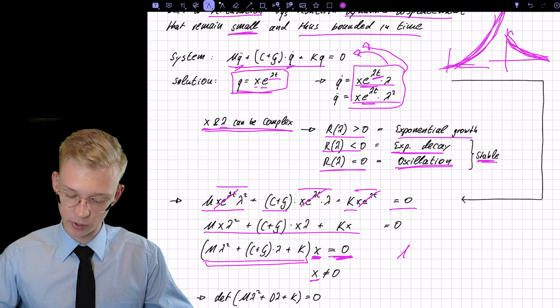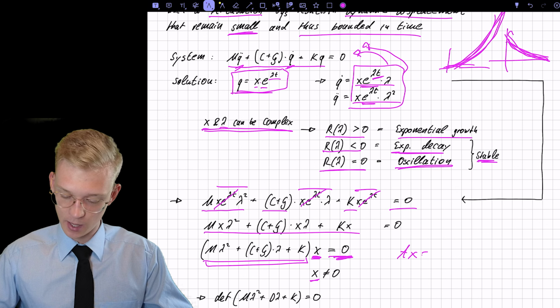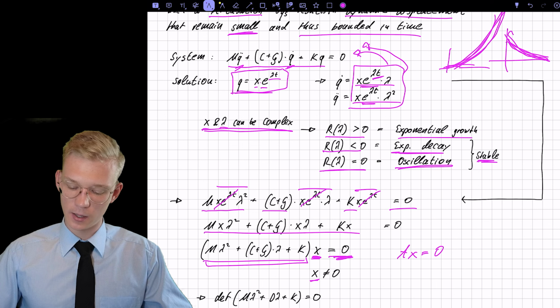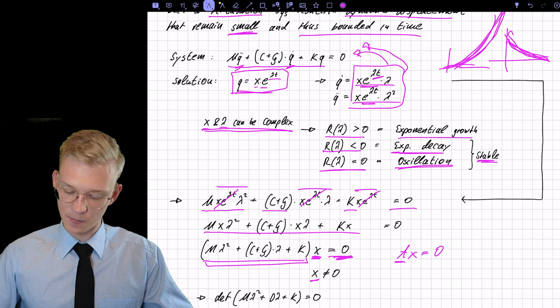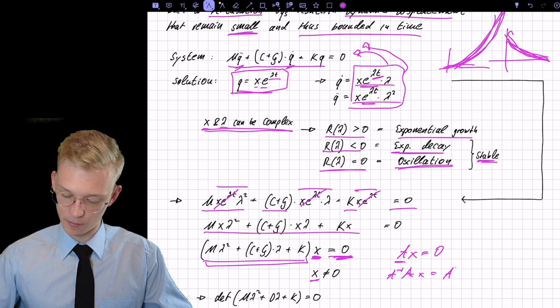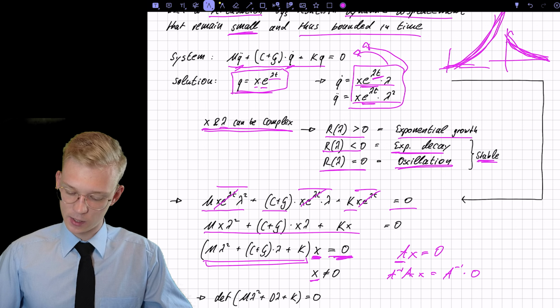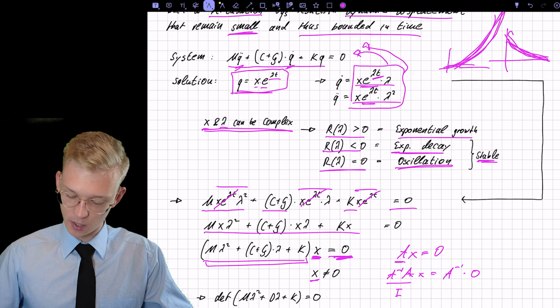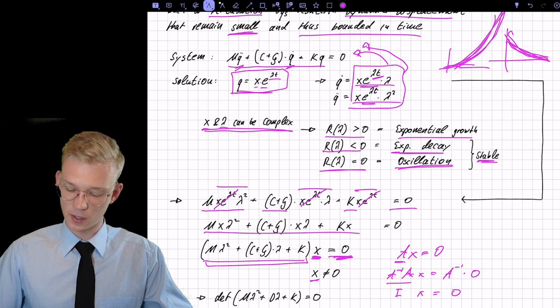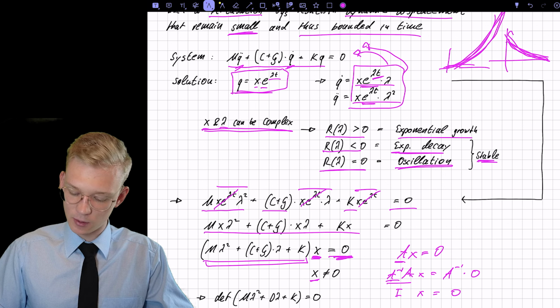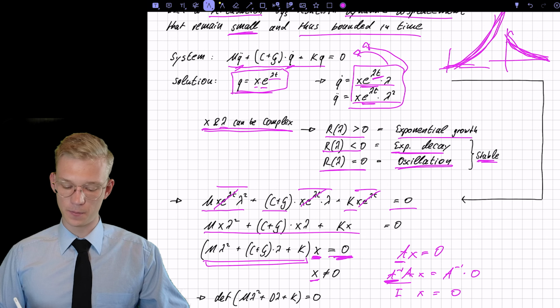So if we have a matrix A times x is 0, we want a matrix A that can't be inverted. Otherwise we could pre-multiply by A inverse, so A inverse times 0, and this will be the identity matrix times x equal to 0. We have to prevent the matrix A from being invertible.